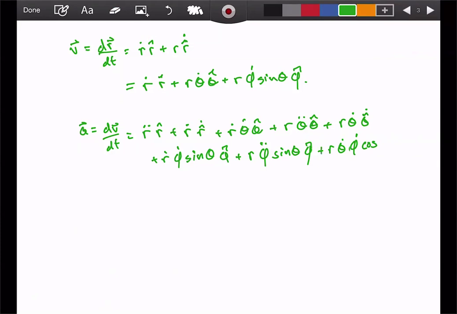Sorry, there should be a positive. And then finally, r phi dot sine of theta in the phi hat dot direction.